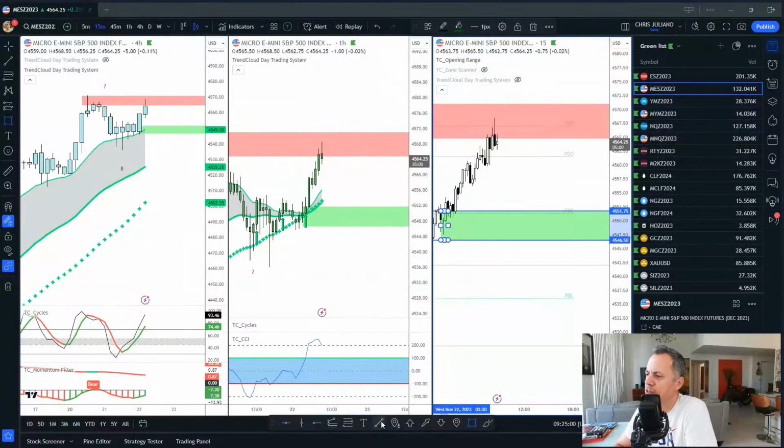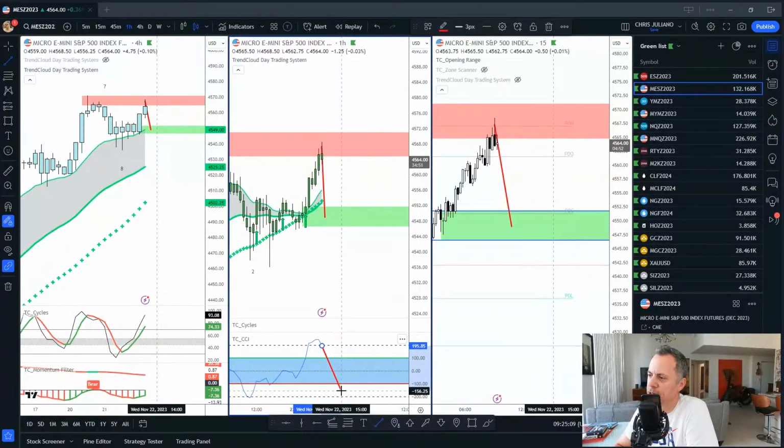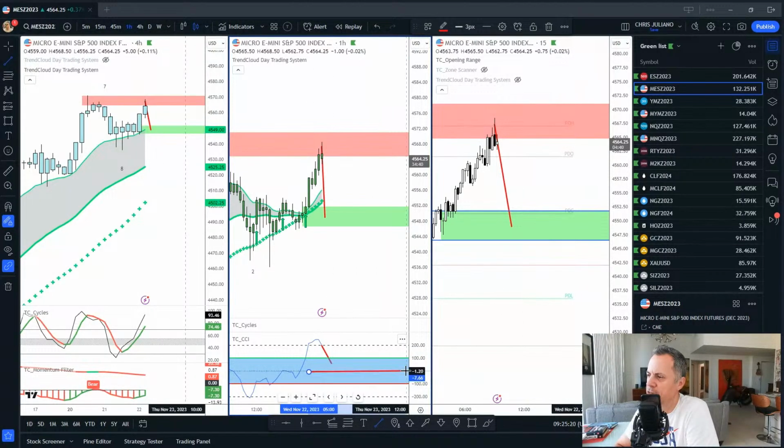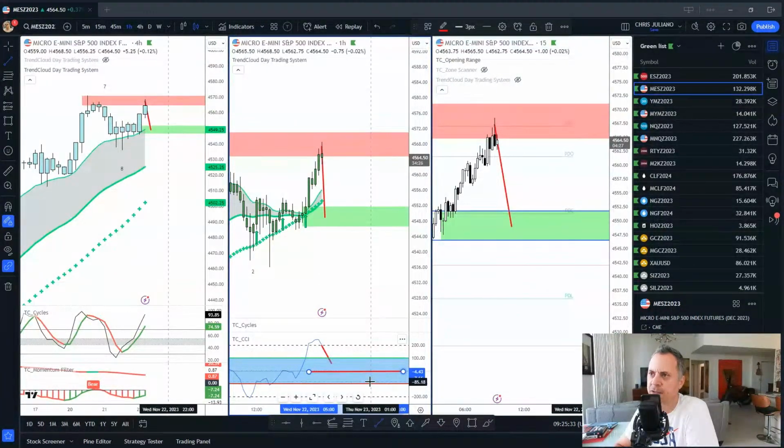We want to see price pull back into a demand zone without violating negative 100. We don't want this thing to pull back and also go below negative 100. We want it to stay above that zero line as it's pulling back into a level of demand. And that's how we can tell that this is strong. So I started adding this to the TrendCloud process, and it actually increased the win rate.